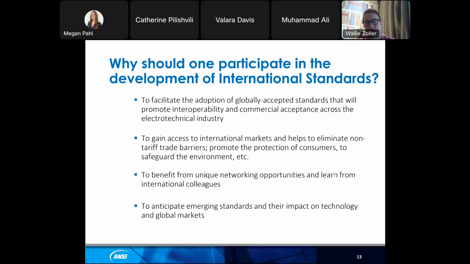Gaining access to that process also provides access to the markets as they come up, because as the markets adopt those standards and say that, all right, if you meet this standard, you have access to the market, you eliminate both cost and procedure that can cause downtime, reduction of sales, and reduction of import and export, and to also safeguard the environment.